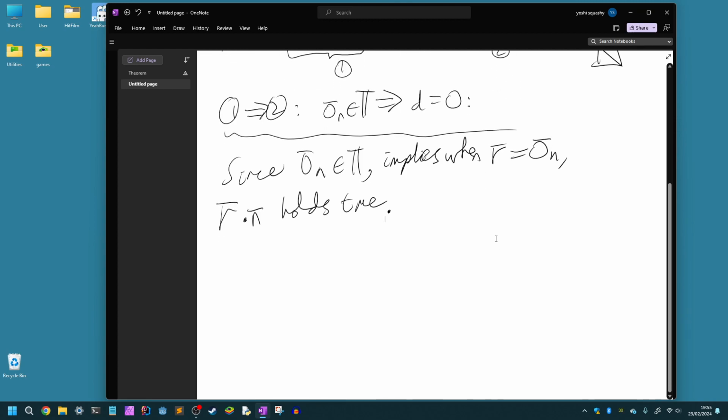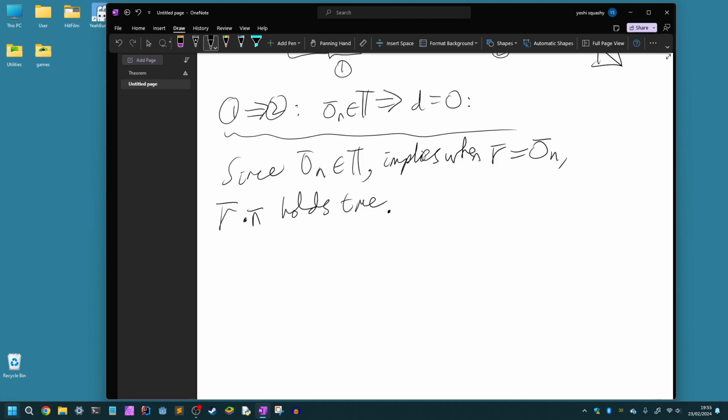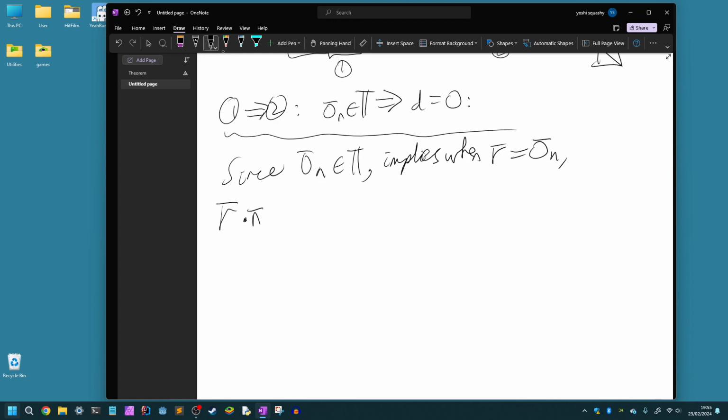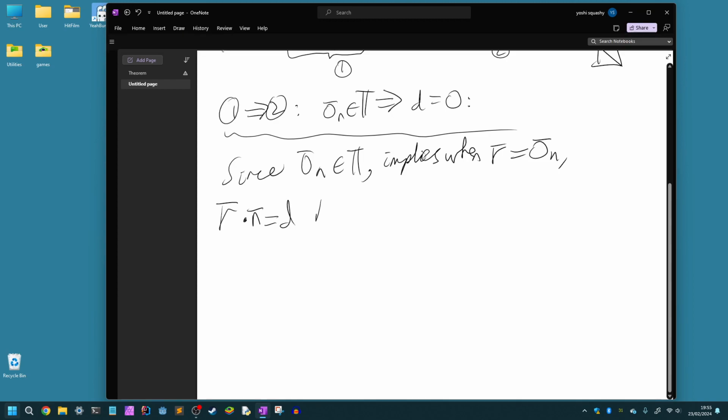Alright. Oh, I've been staying like a million miles away from the microphone, sorry about that. So we got, since 0 is of pi, that implies r equals 0. When r equals 0, r dot n equals d holds true.